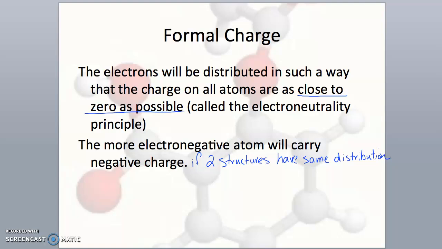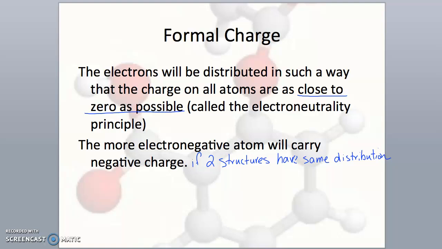So you'll hear this term Electroneutrality Principle, and this has to do with the way the electrons are distributed within the molecule so that the charge on all the atoms is as close to 0 as possible. Now, sometimes we end up with formal charges of, let's say, -1, and maybe we have a -1 and a +1, but we have 2 structures that both share this.